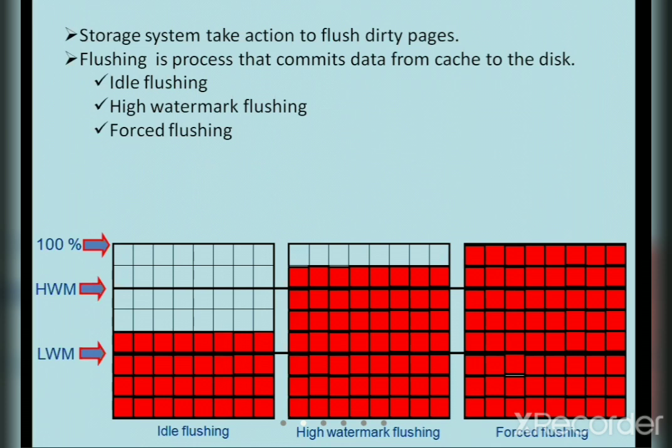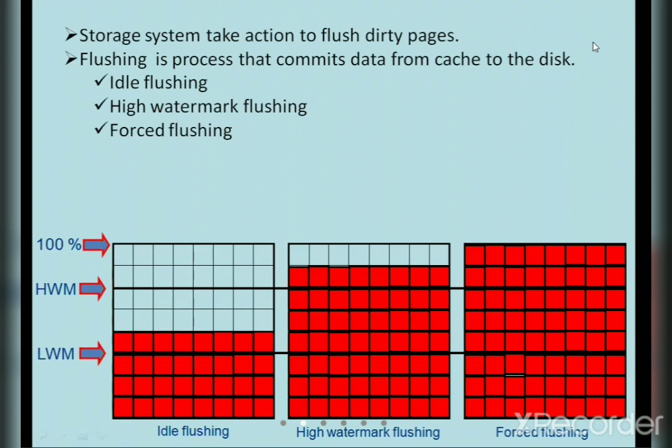Now, pages that are not being used can't be kept in the cache because they unnecessarily load it. How do I take those pages out of the cache, or the pages that are already corrupted? That concept is called flushing.